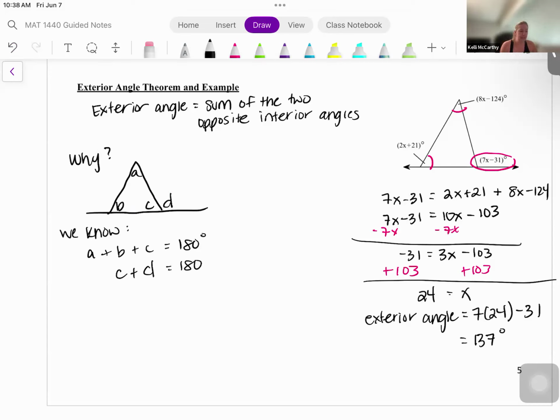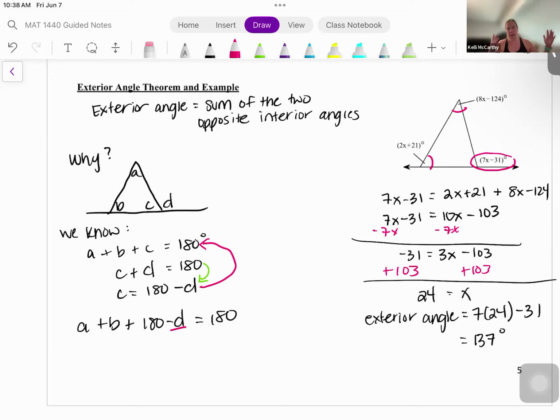Now, using this second equation, we can solve for C or D, it doesn't really matter, but we're going to solve for C. C is equal to 180 degrees minus D. Now, if I take this and I substitute it back into that first fact that we know, we get A plus B plus, instead of C, we're going to put 180 minus D equals 180. And what we're going to do is solve this for D. So if I want to solve for D, I'm going to start by adding D to both sides.